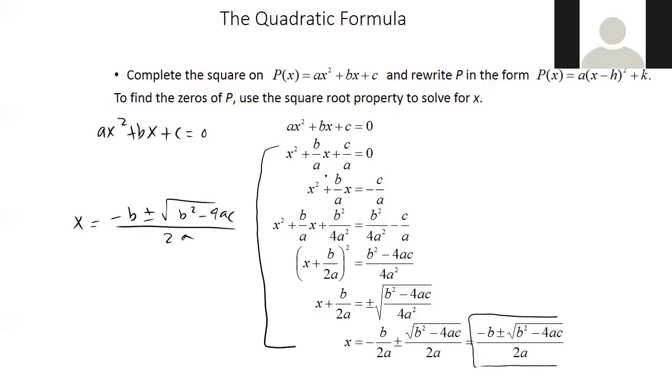So pretty much these steps using that completing the square method and square root property would help us arrive at this formula. So we're going to use that. I'll let you pause this and take a look at each step here as we completed the square using the method we learned, to get to the quadratic formula.